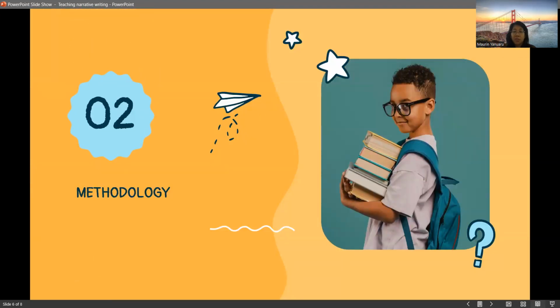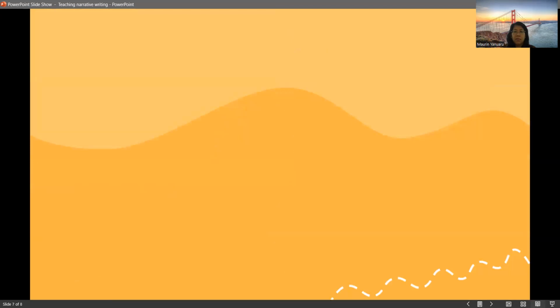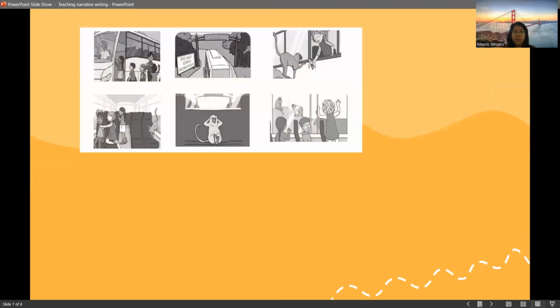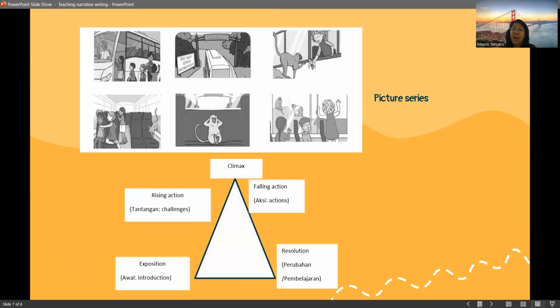Next is methodology. I use picture series and A.T.A.P methodology. What is A.T.A.P methodology? Well, it is an acronym taken from an Indonesian word, A.T.A.P, or roof, right?